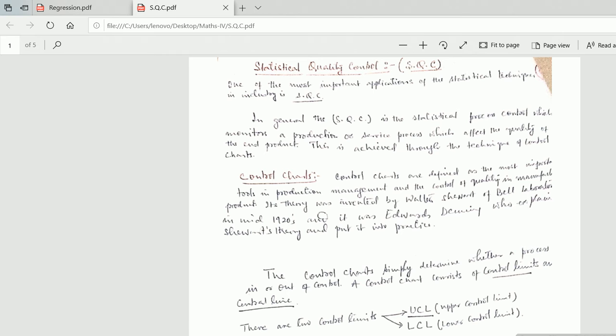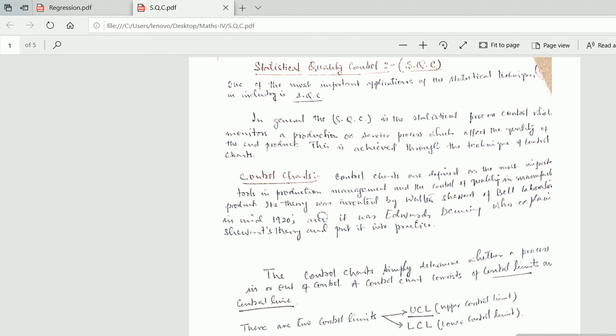In simple terms, we can say that the best advantage of SQC is in the control, maintenance, and improvement in the quality standards of a product or manufacturing process. Now, see what are control charts.